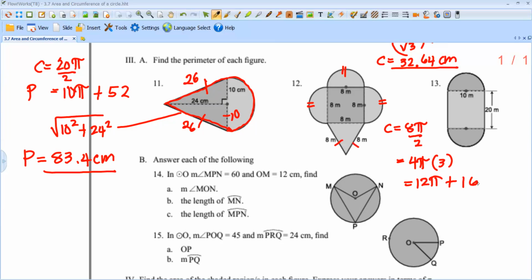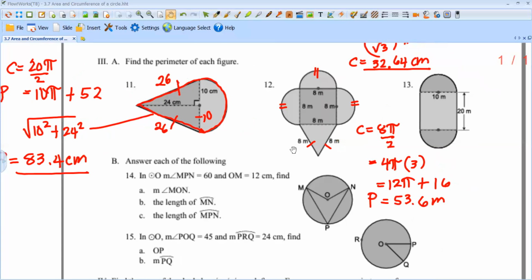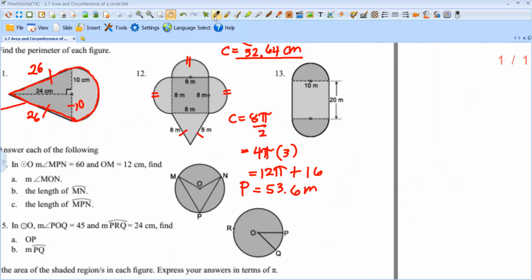So that would be 16. So 12 pi plus 16, which is equal to 53.4. That is the perimeter, okay? 53.6 meters.